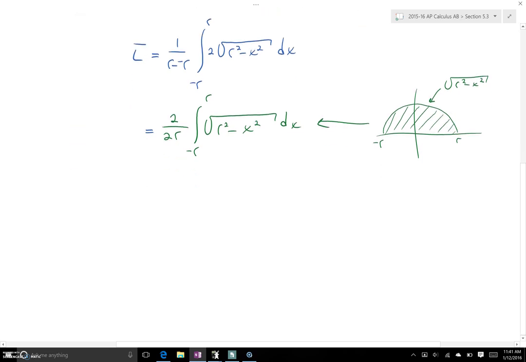So the value there, if the whole circle is pi r squared, then the value there is going to be pi r squared over 2. So we're going to get 1 over r. And then this is the area of a semicircle, so we're going to have pi r squared over 2. And then simplifying that, we're going to get pi r over 2.